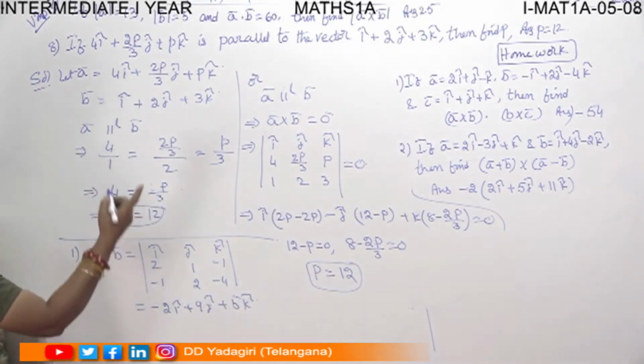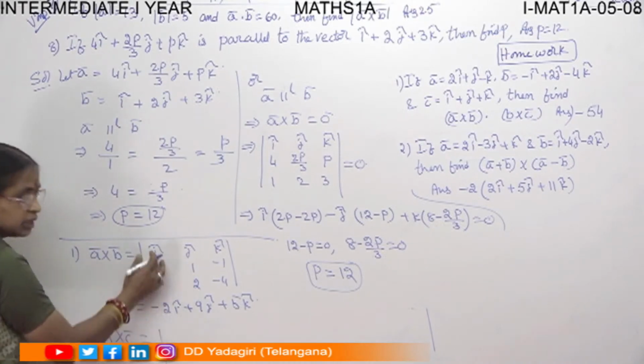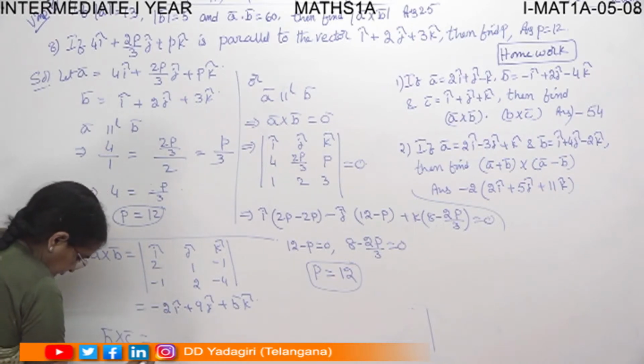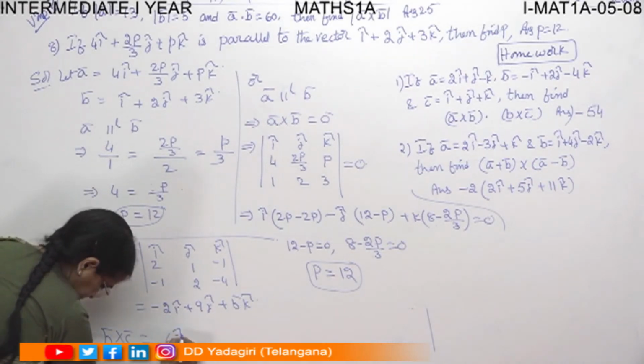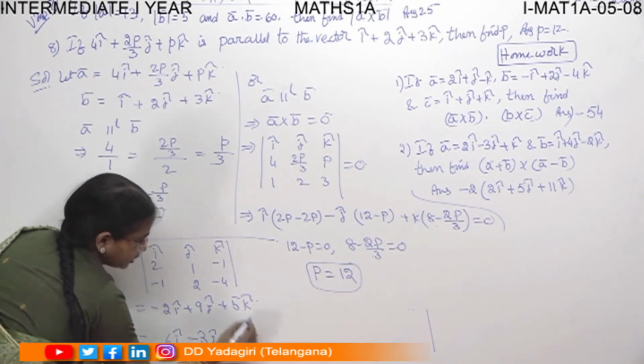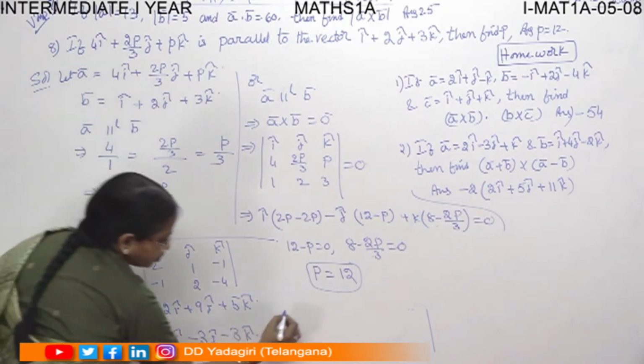Okay. Next, in the same way, find B cross C, in the same determinant form. If you take, you will get the answer as 6i minus 3j minus 3k. So like this you will get. Now take the dot product of these two.